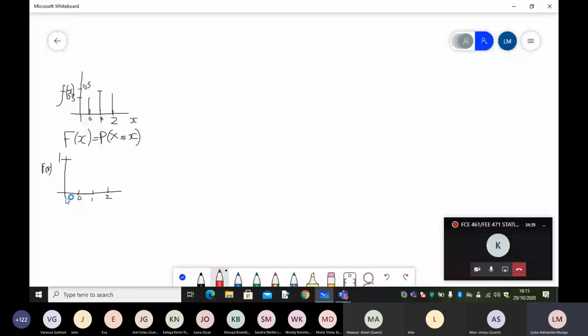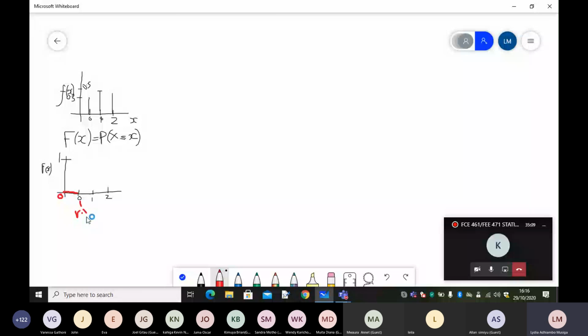If this is 0 here, there's a difference between 0 at the intersection of the axis and 0 for our random variable x. That 0 there is for our random variable x.